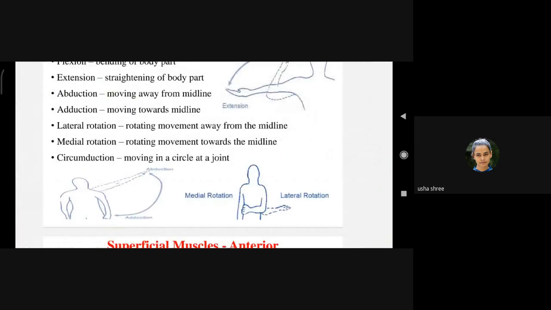Okay. Now circumduction. Circumduction is moving in a circle at a joint. For example, we have seen a bowler in cricket circumduct his hand before bowling.